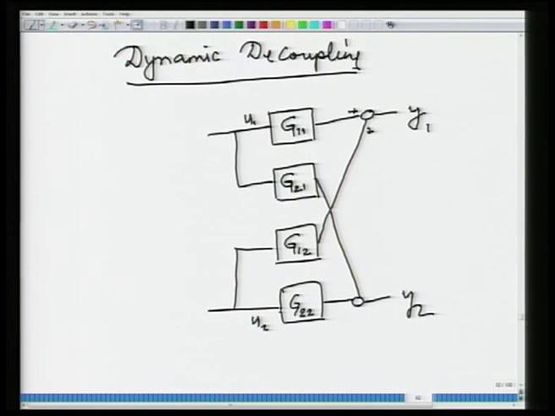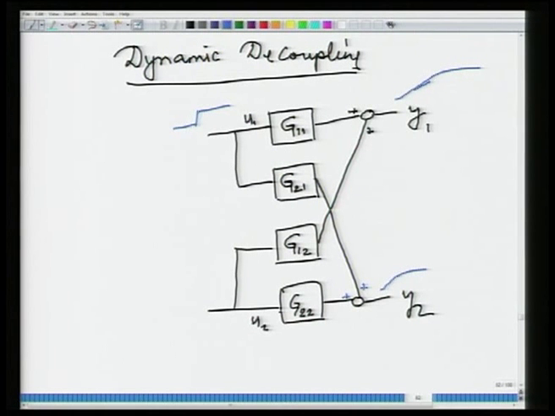Notice, if I make a change here, let us say this goes up as a step. Okay. If u1 is increased as a step, then y1 would give a response, let us say it gives this kind of a response, y2 would also give a response. Now, I know I am changing u1, and therefore, I know y2 is going to show a response. What I would like is, how should I adjust u2?